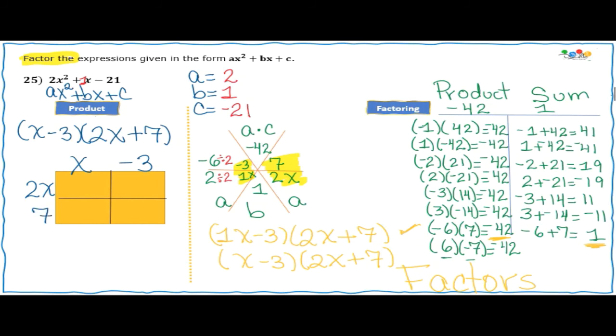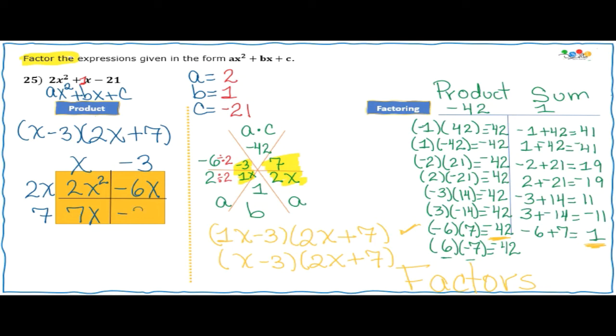So let's multiply. 2x times x gives me 2x squared. 2x times -3, yes, I get a -6x. Then 7 times x gives me 7x. And finally, 7 times negative 3.